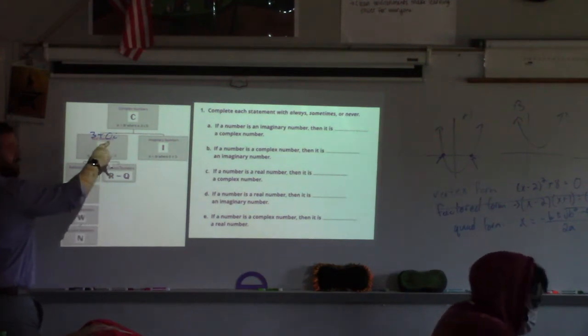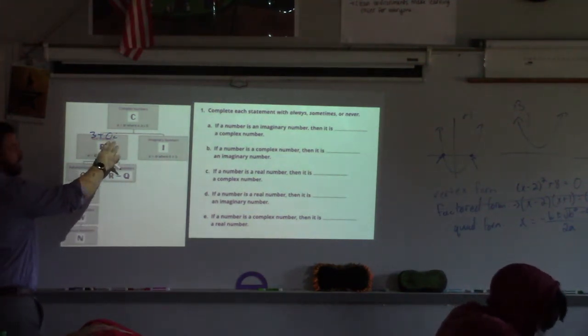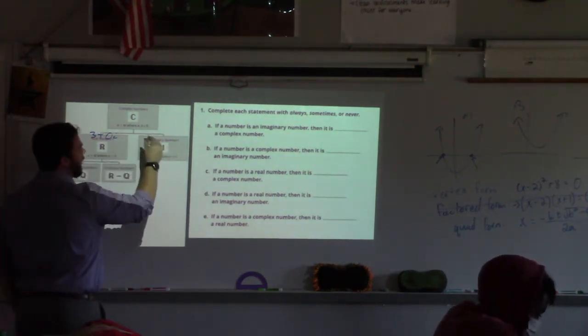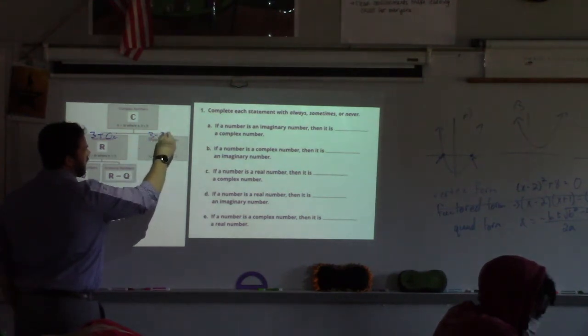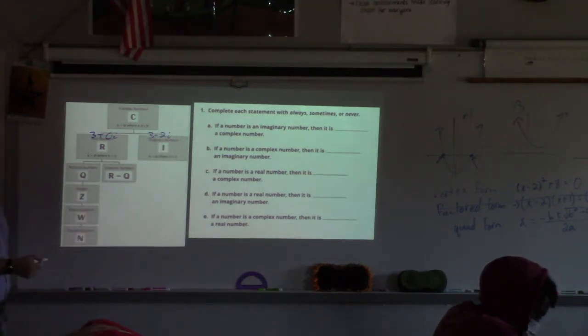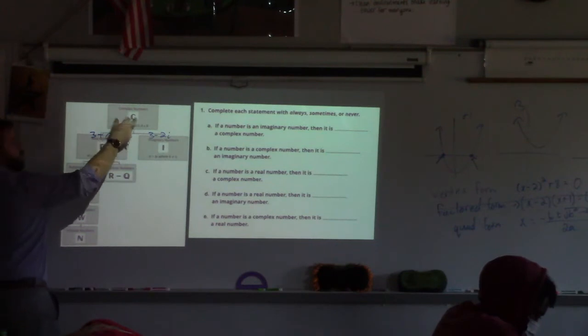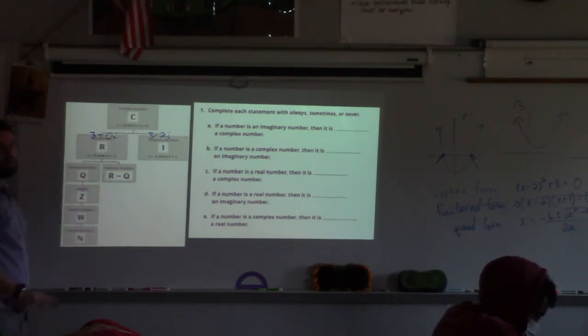We can't have the imaginary component, right? So that it's understood to be a 0. To be an imaginary number, it has to have the imaginary component. A complex number is any of those. A complex number is either a real number or an imaginary number. That's it. Okay?